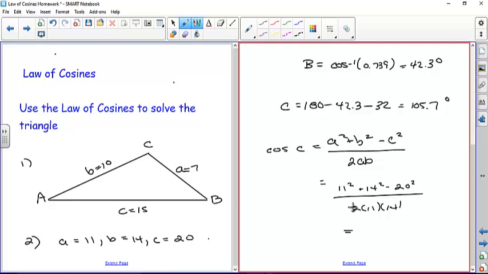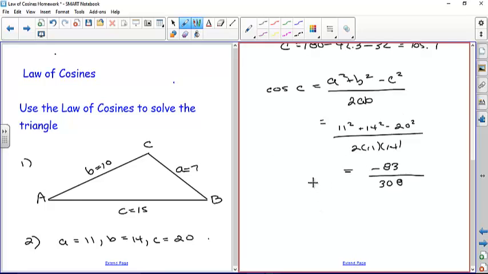So 11 squared plus 14 squared minus 20 squared is negative 83. And that's critical, because when we take the inverse cosine, the inverse cosine has a range between 0 and 180 degrees, or 0 and pi, so this is going to work out perfectly. And the denominator is 308. So the cosine of C is negative.